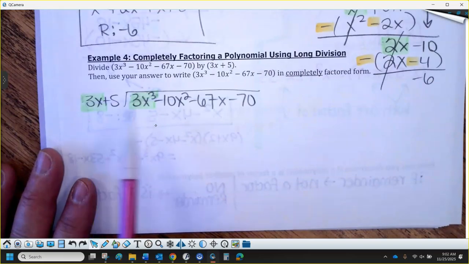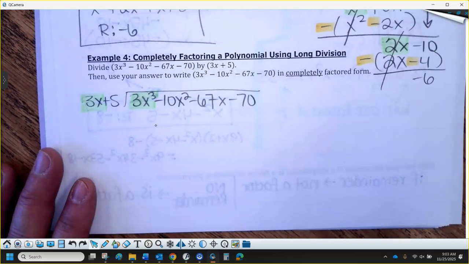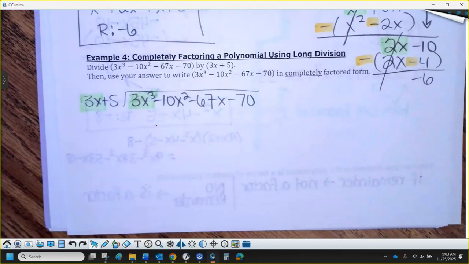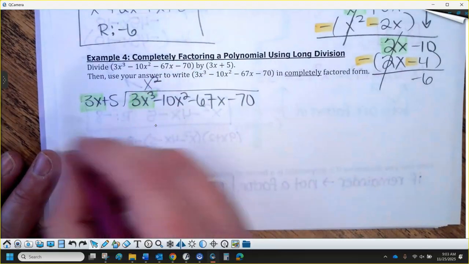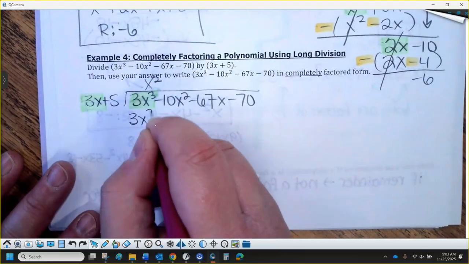What would you multiply 3x by to turn it into 3x to the third? Just x squared. You don't need a 3, you already got it, right? You just need a couple more x's. So x squared times 3x is 3x to the third.